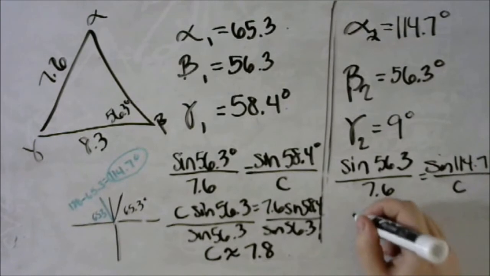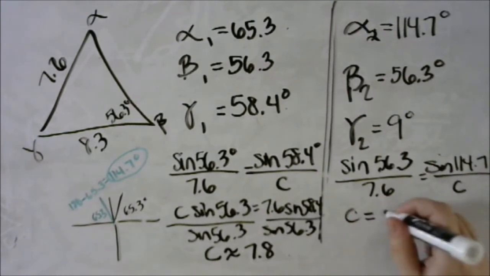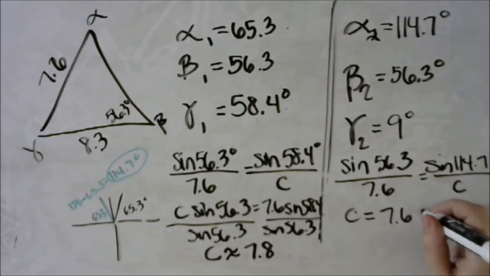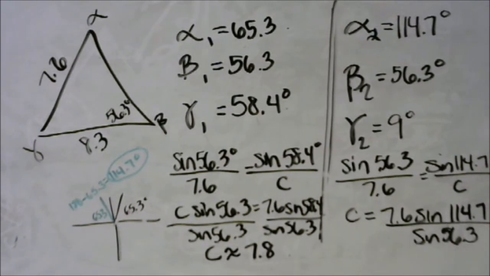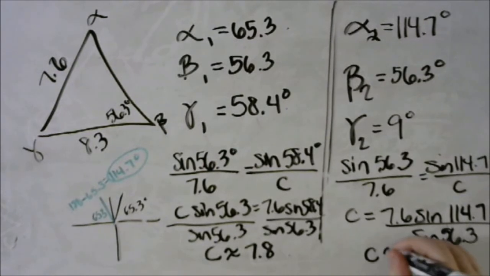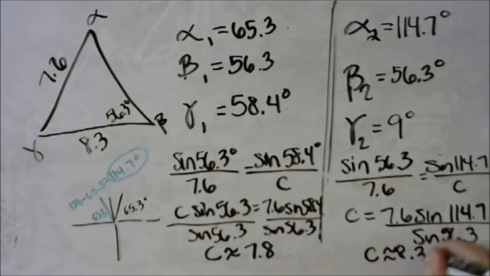Solve the same equation over here. C is equal to 7.6 sine of 114.7 divided by sine of 56.3. And you get that C on this alternate triangle is approximately 8.3.